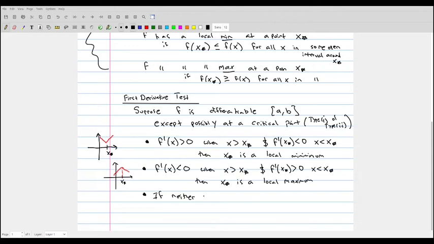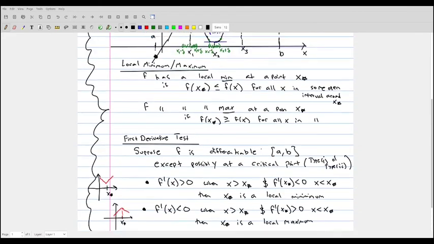So if neither of the first conditions are true, then x star is neither a local min nor a local max. So it's possibly some sort of inflection point, or other type of point where it's a critical point, but it's not a local max or a local minimum.